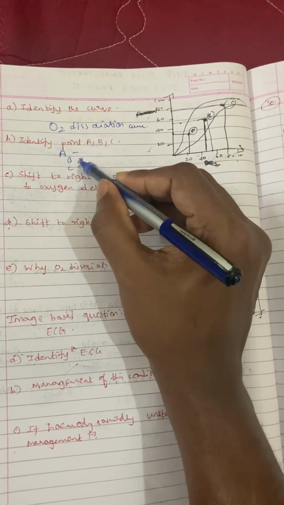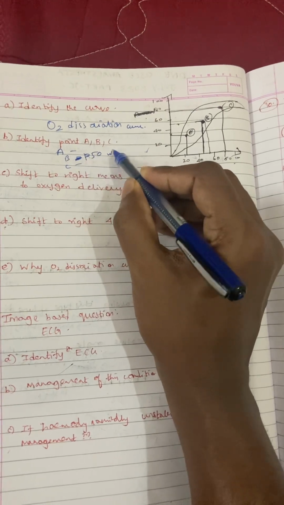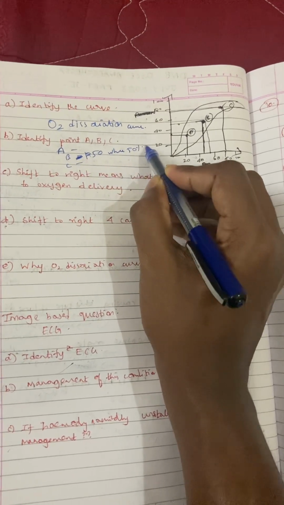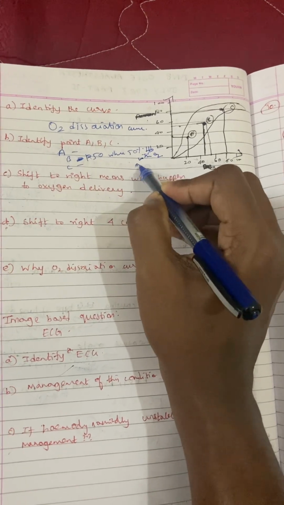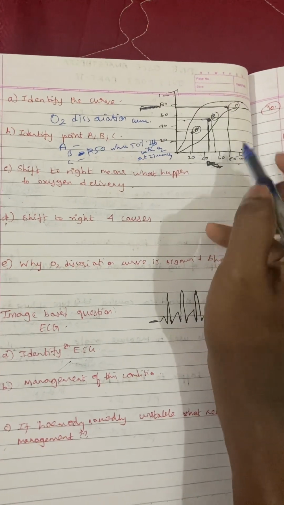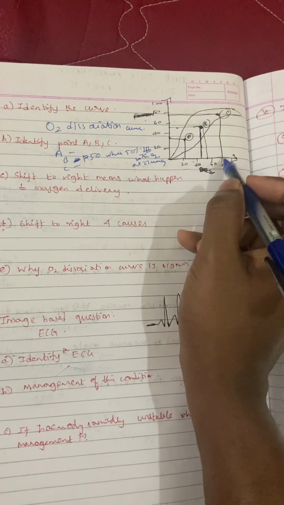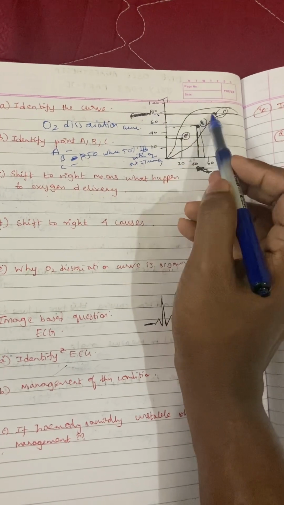B everyone is able to identify: that is P50, where 50% of the hemoglobin is saturated with O2 at 27 millimeters of mercury. Point C is considered to be PA, the level where 80% of the hemoglobin is saturated with oxygen.